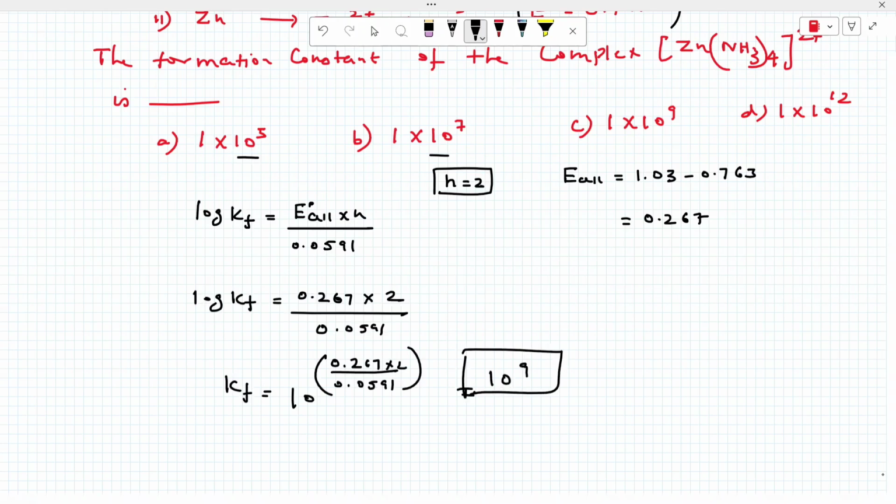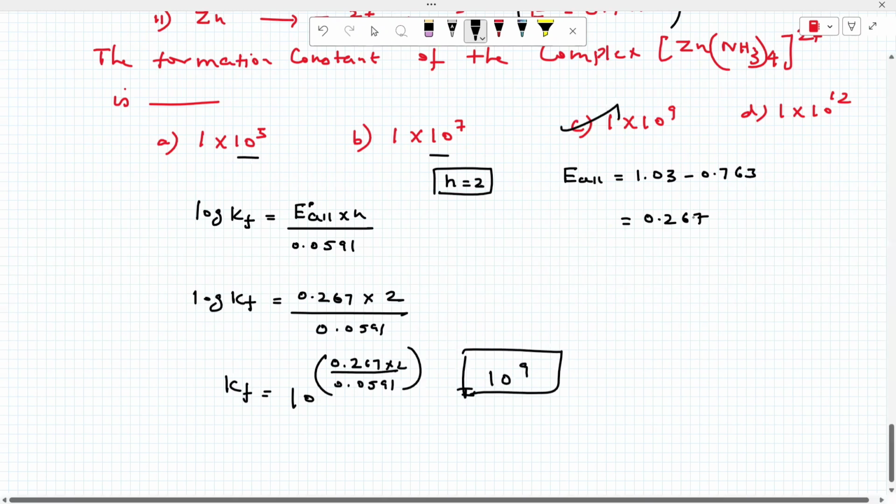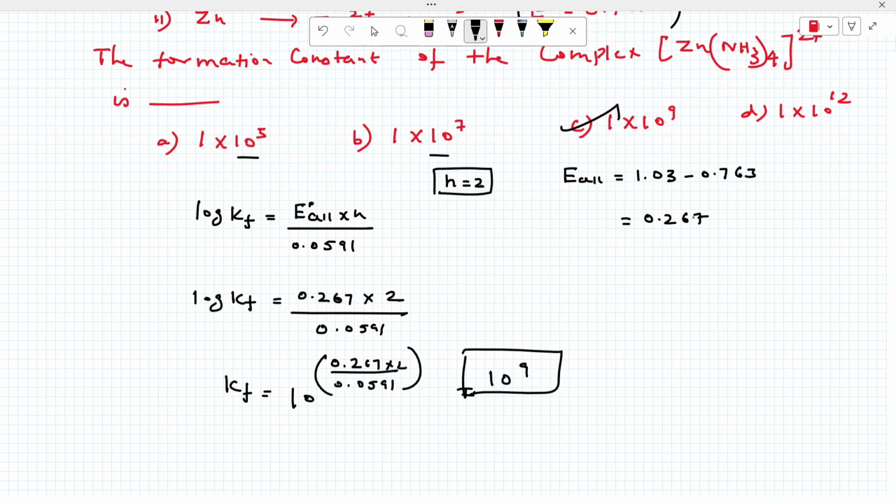We'll do the calculation, okay? Option C is correct. Important, please note.